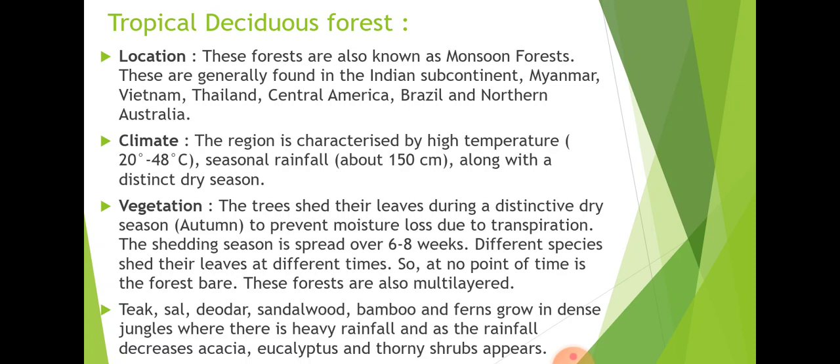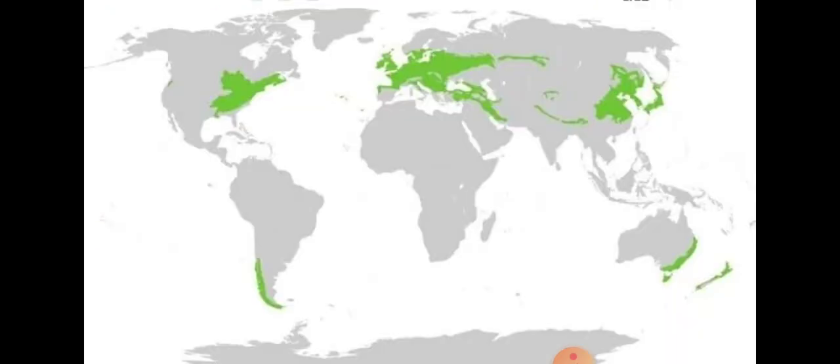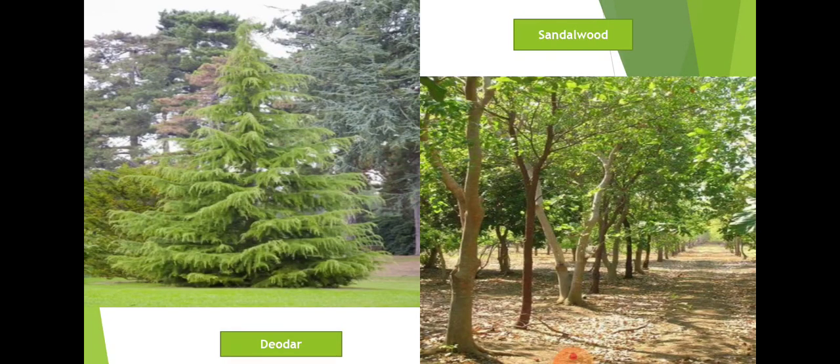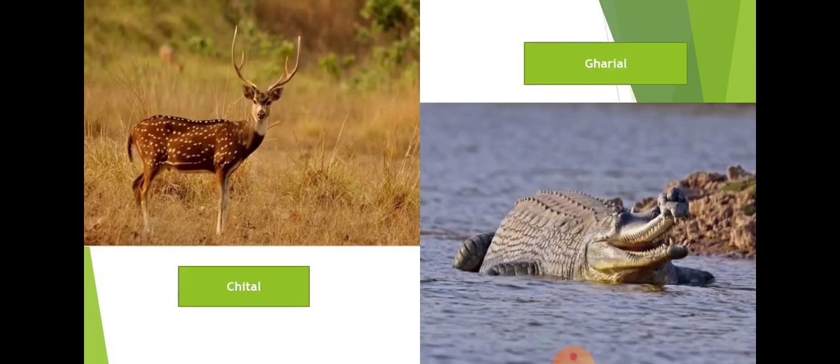The plants in the lowest rainfall areas are acacia, eucalyptus, and thorny shrubs. So this is the vegetation found in the tropical deciduous forest. Now you can see the pictures of devdar, sandalwood, cheetal, gharial.